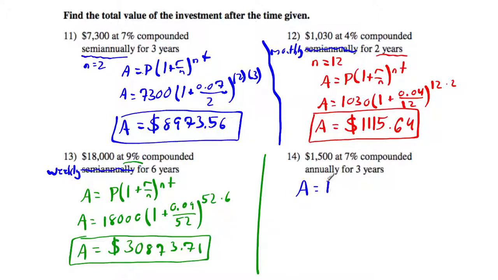All right, here we have another one. And this time we're just investing annually. So N is how many times per year. So annually means once per year. So the rate is 0.07, and N is just 1.